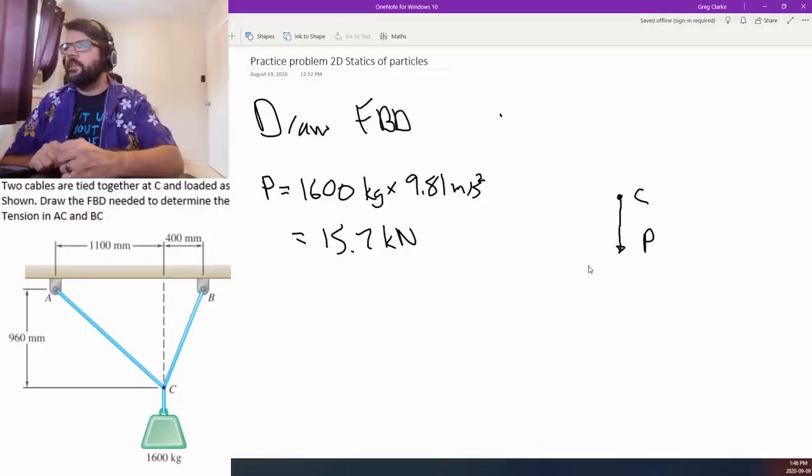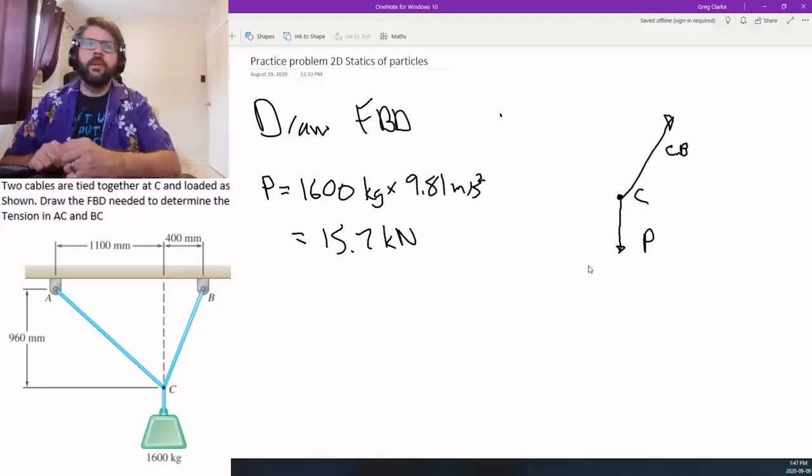So the other parts of the free body diagram that we're going to need: this force here, let's call that CB, since it's the tension acting along that cable section at CB. And then we're also going to have AC.